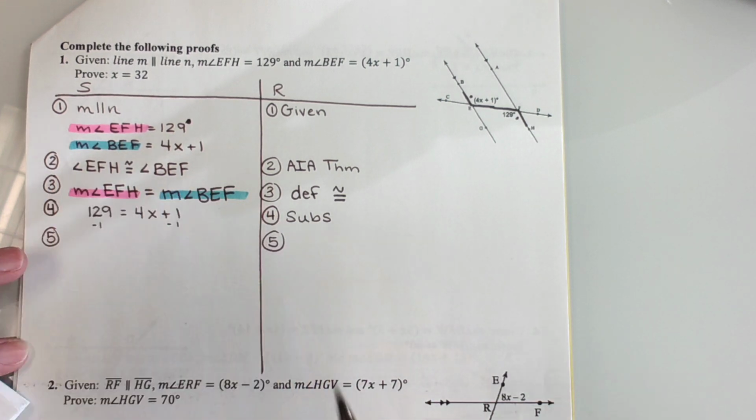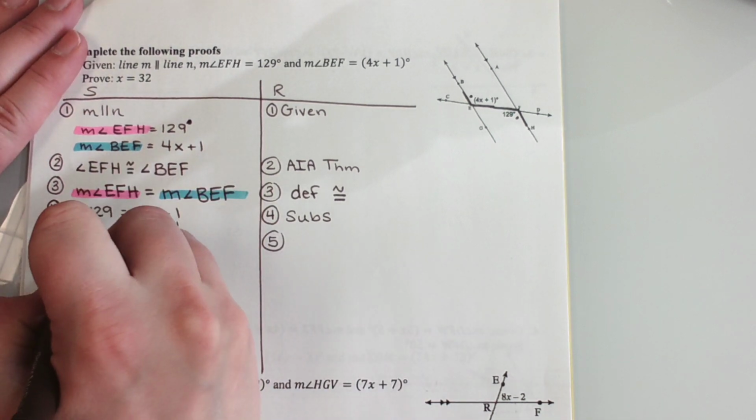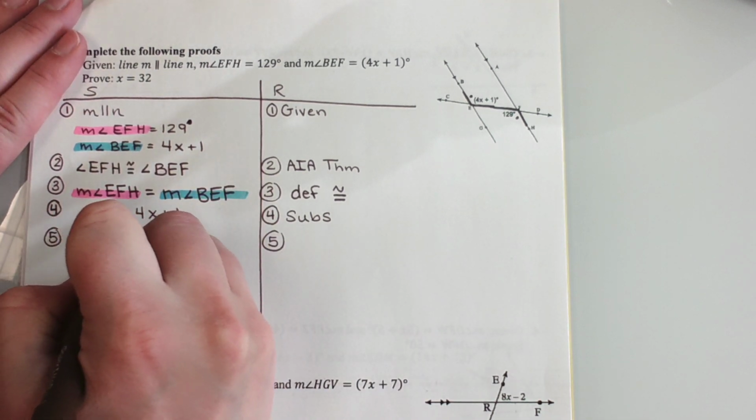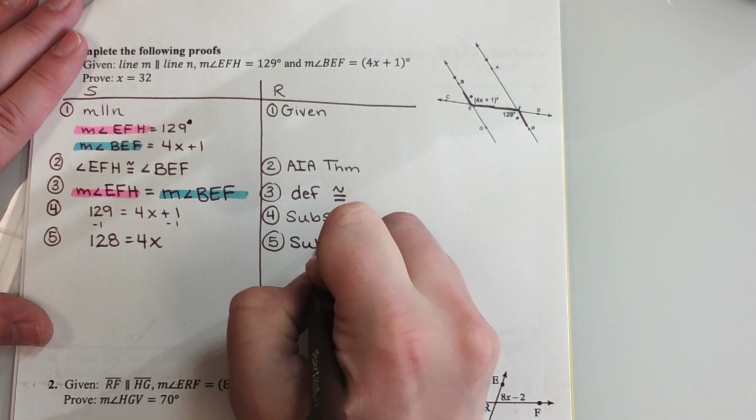Now, one of the common things I saw popping up on previous tests and previous quizzes that I want to emphasize again, the little -1 that you write is not a step in the proof. You don't even have to write it. In fact, I don't generally. The step itself is when you get the 128 equals 4x. And I was told that that was subtraction.